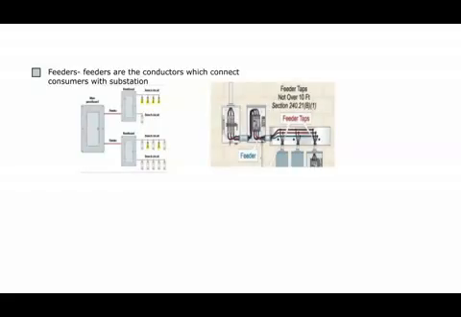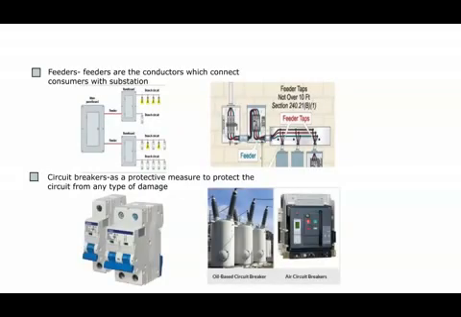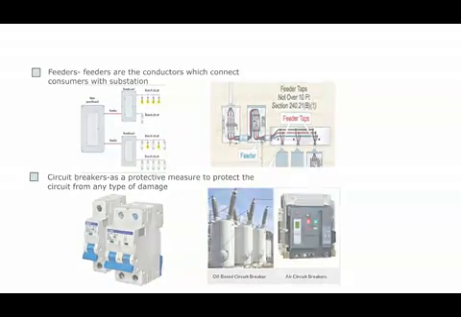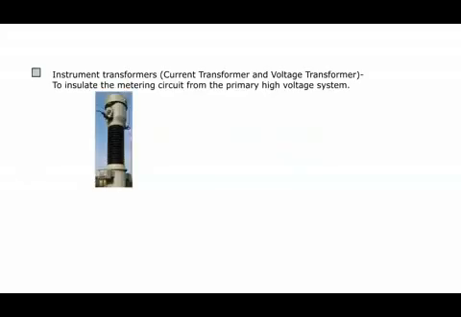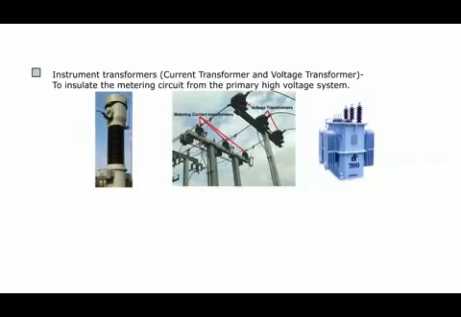Feeders which connect consumers with substation. Circuit breakers that are used as a protective measure. Instrument transformers like current transformer and voltage transformer to insulate the metering circuit from the primary high voltage system.